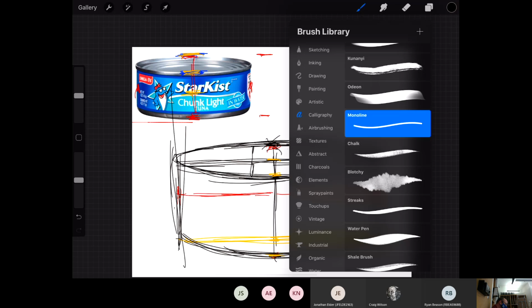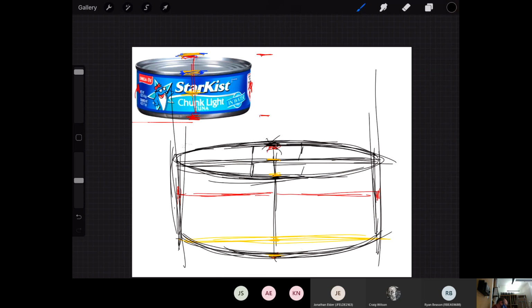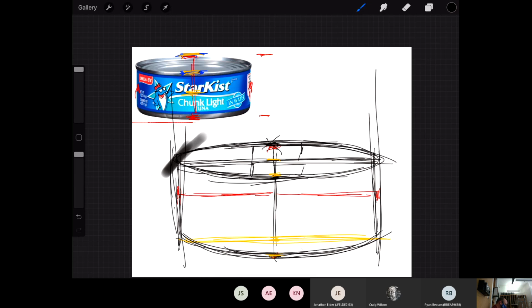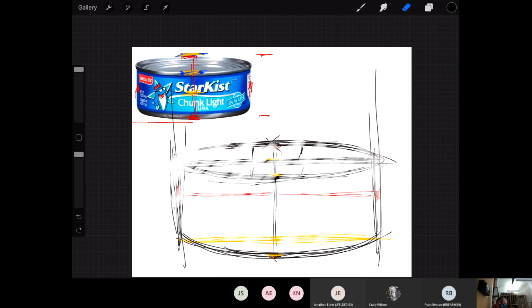And then we can come in, and I'm going to just do something really quick. I'm just going to kind of lightly erase over it so that all I can see is what matters, because I would have drawn this much lighter had I been drawing with a pencil, right? Does that make sense? So now I can start looking at little details.